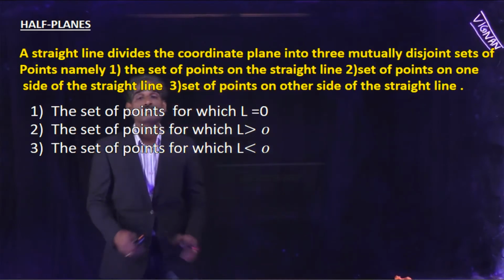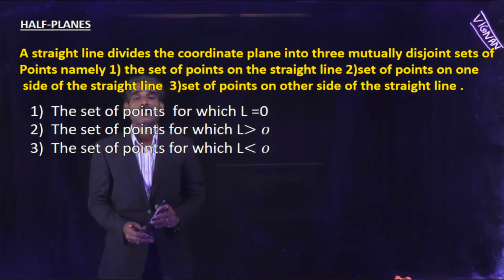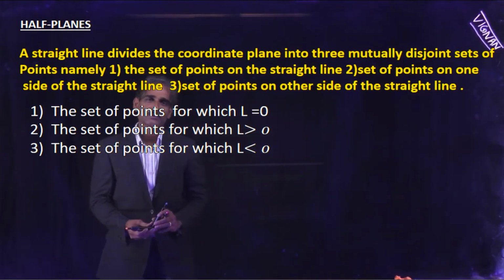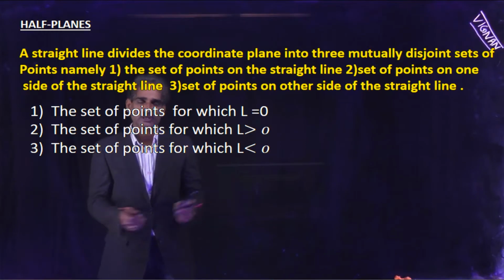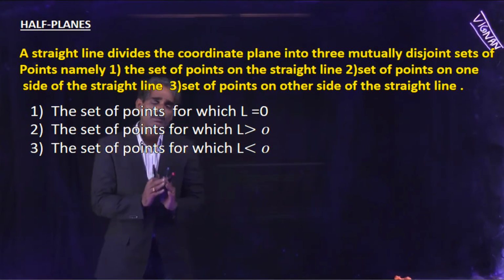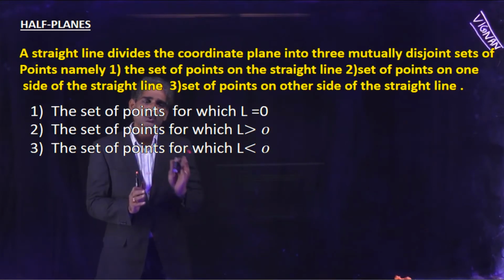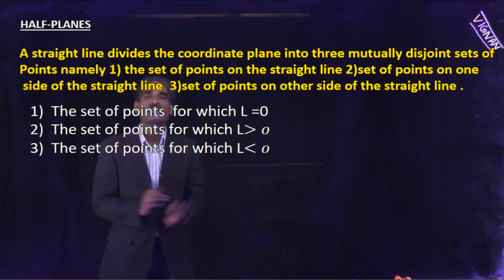One more concept: half planes, otherwise the position of a point with respect to a line. Generally a line divides the plane into three mutually disjoint sets of points.